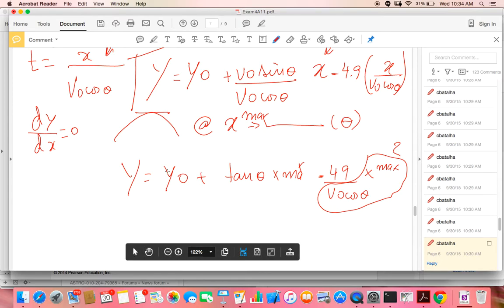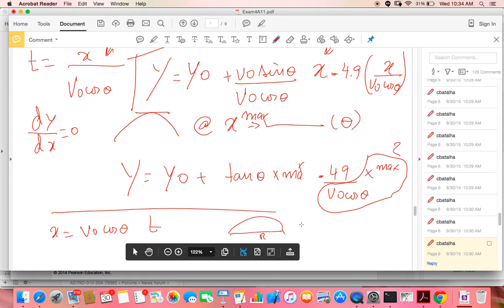Okay. And to find the maximum range, you do the same thing except you work on this condition here. x is equal to v naught cosine theta t, and you take the t when you are calculating your range.